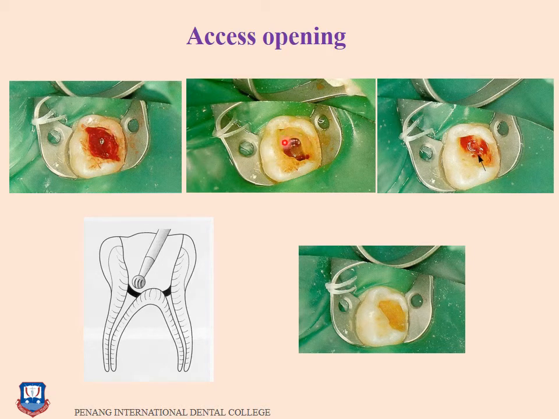The next picture shows the roof of the pulp chamber removed and the pulp tissue amputated. This was the first picture, that is before the treatment, the pre-op picture. There was a mechanical exposure due to which it went for a pulpotomy treatment.